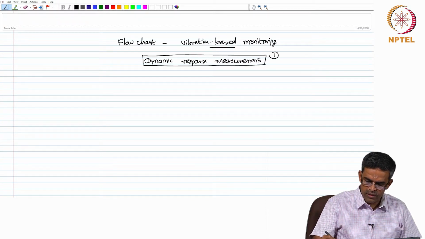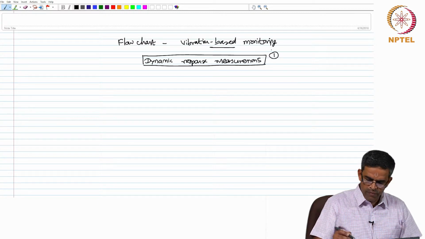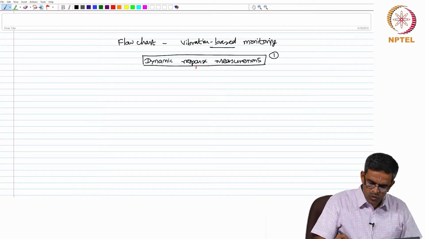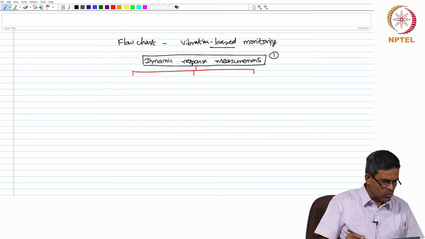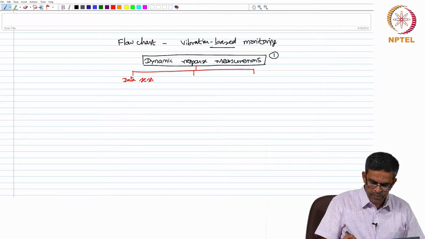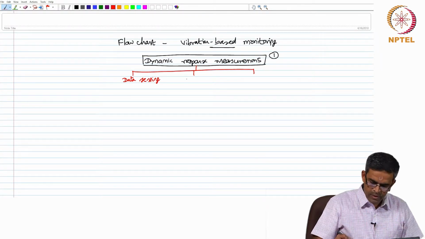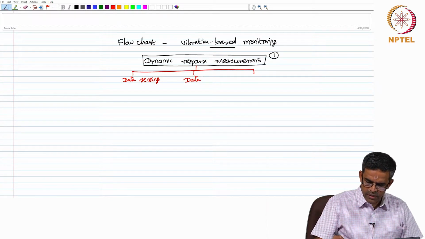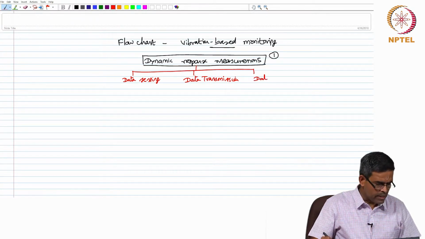That is the first stage what we do, which will be generally done through data sensing. Then the sensed data is transmitted and the data is analyzed.